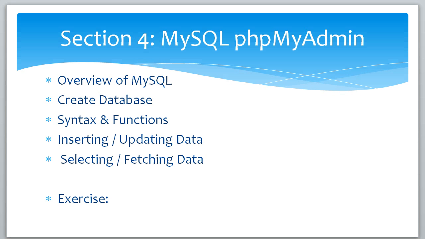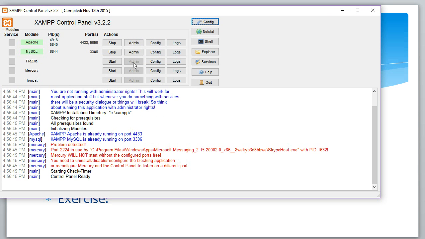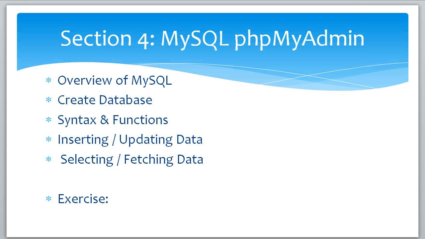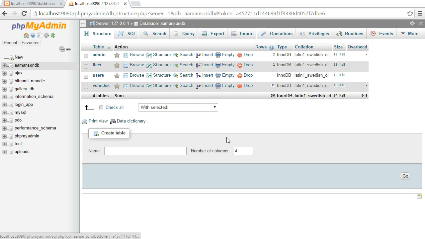Now, if you want to start your database, open your control panel right from the desktop and make sure you start your MySQL right over here. Mine is already started, and then you click on the admin button here, and it will take you to your MySQL admin page.